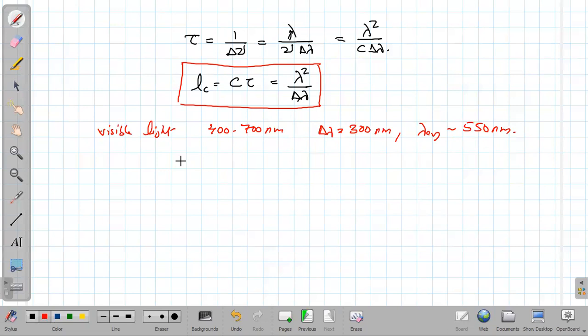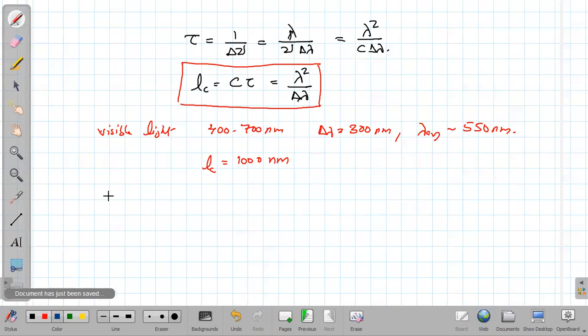So we can calculate the coherence length for visible light. That would be 550 squared divided by 300, which is approximately 1000 nanometers. So for visible light, the coherence length is around 1000 nanometers.